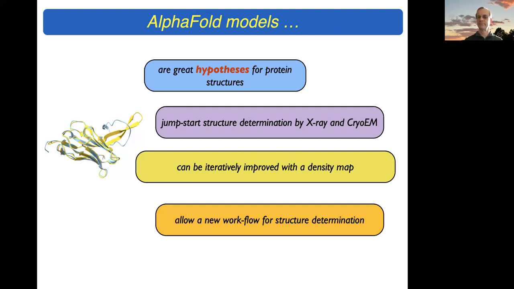And what about IDPs, non-structured protein? AlphaFold is great for predicting IDPs. The parts of models that AlphaFold predicts that it doesn't know anything about are very often IDPs, parts of proteins that are not structured.